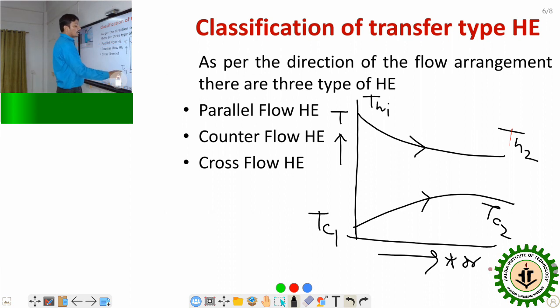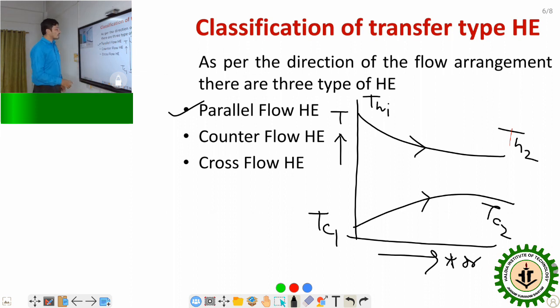Here the cold fluid entry temperature is TC1 and the outlet temperature is TC2. Look here, this is the arrow symbol we are denoting, because they are flowing parallelly, meaning the direction is the same. This is the parallel flow heat exchanger.